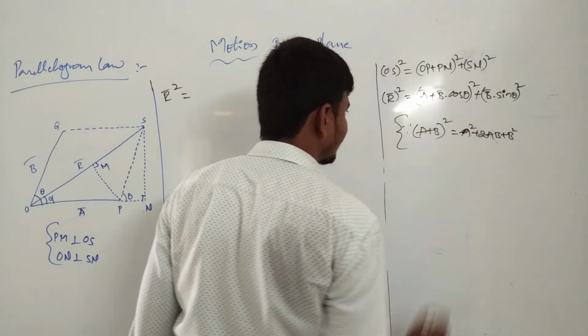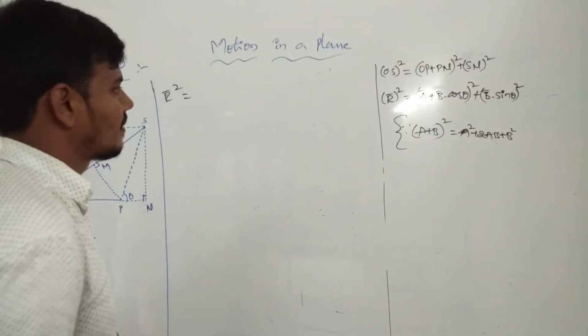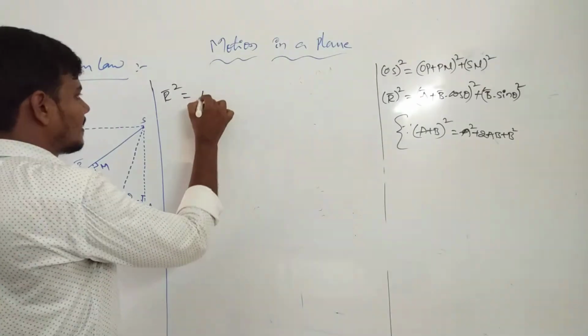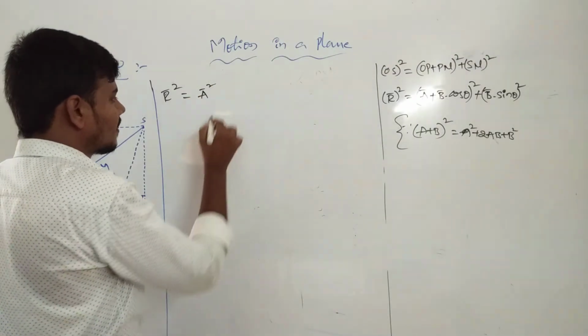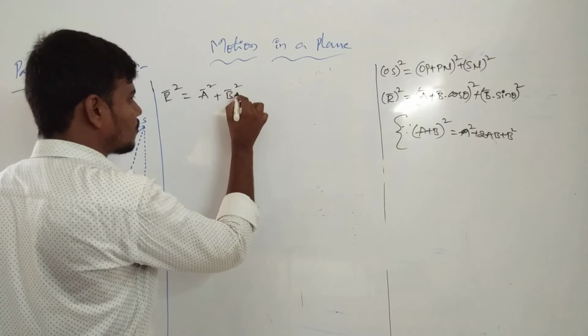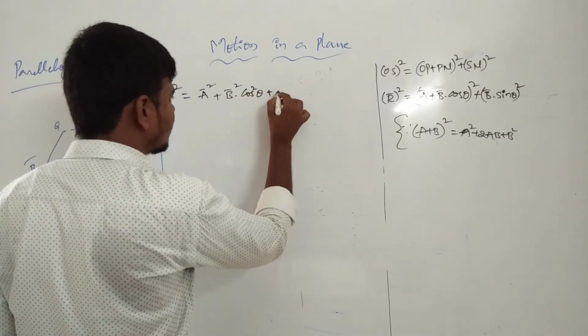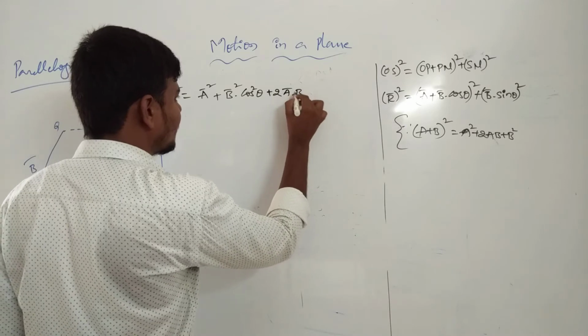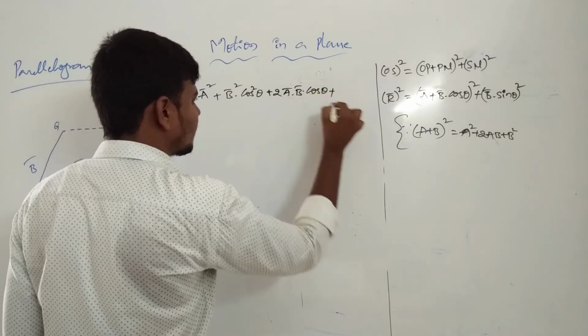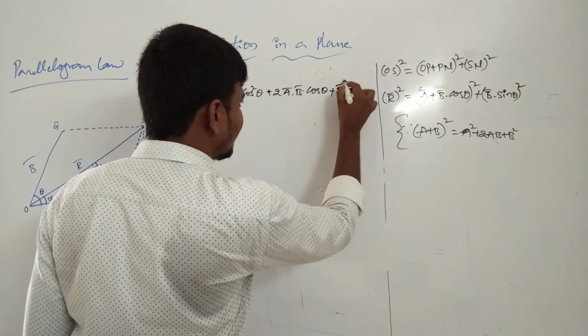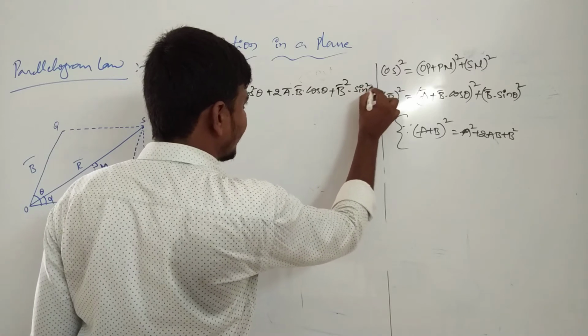Now R bar square is equal to A bar square plus B bar square cos square theta plus 2 A bar B bar cos theta plus B bar square sin square theta.